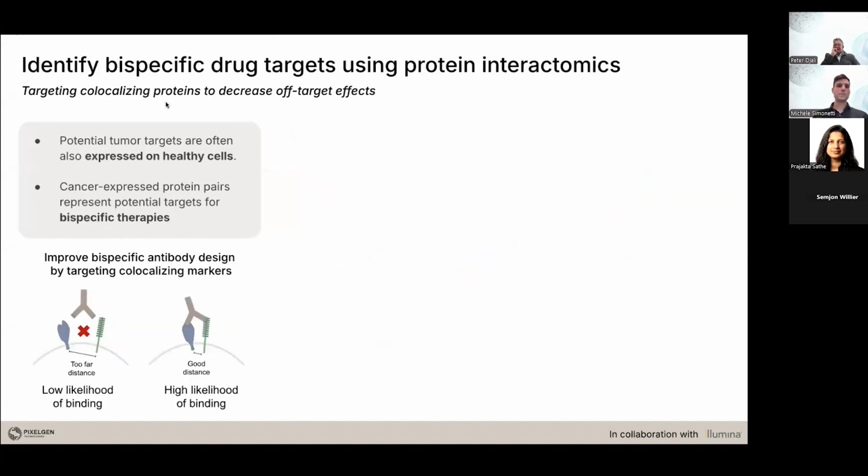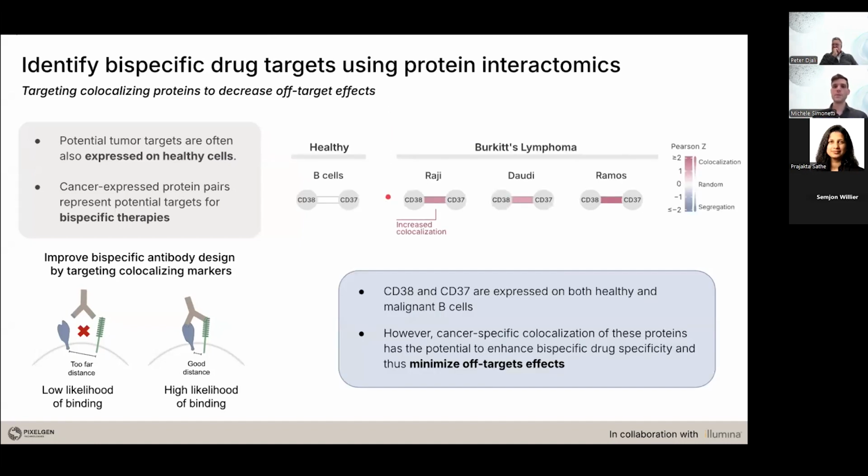Something else we did in the same data set was identifying bispecific drug targets using protein interactomics. It's important to know, of course, that potential tumor targets are often also expressed on healthy cells. So identifying cancer-specific protein pairs might represent potential targets for bispecific therapies.